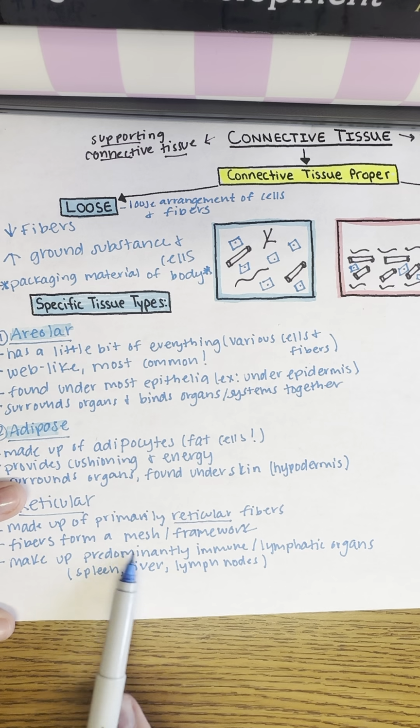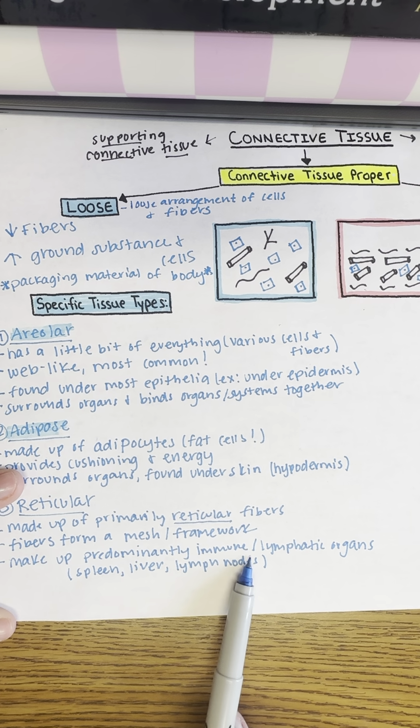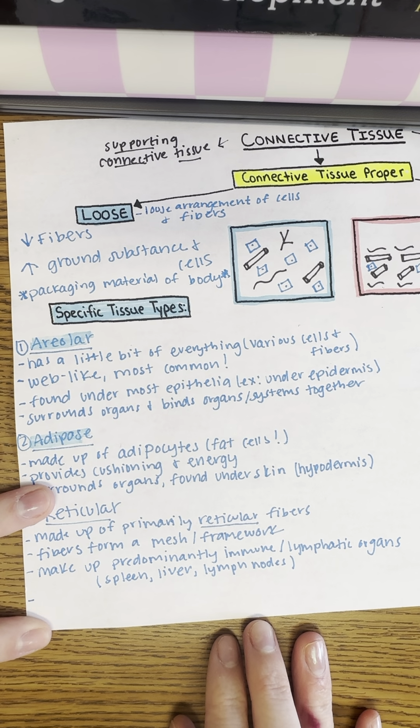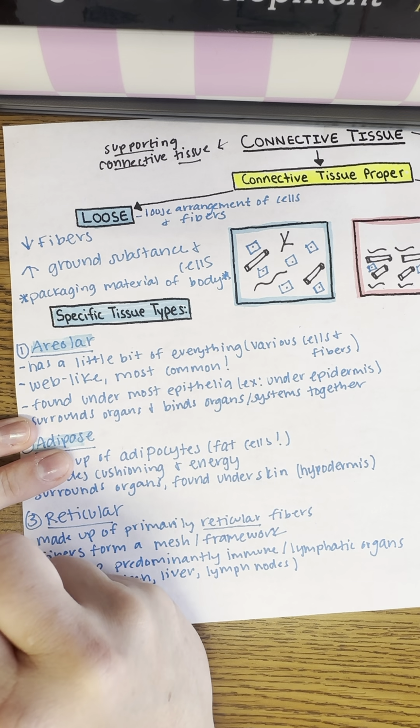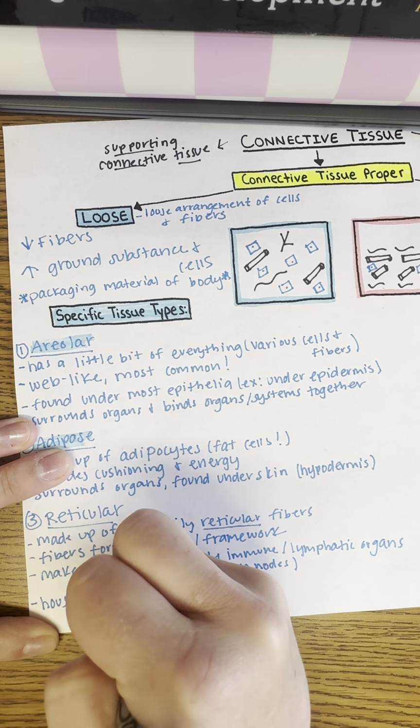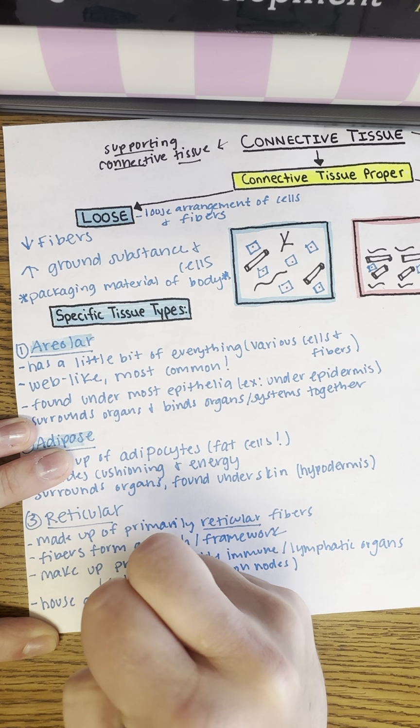Because they make up predominantly our immune and lymphatic organs, we're going to find a specific cell type in reticular tissue. So we say that it houses a lot of white blood cells.